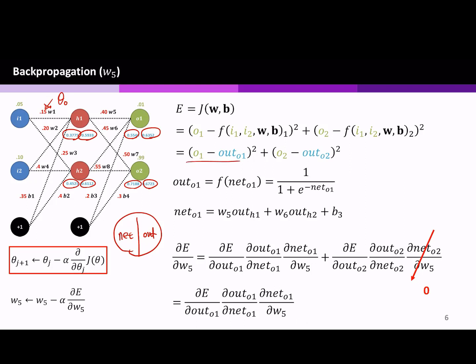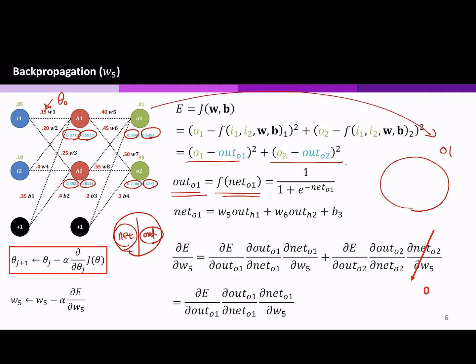Like this. Okay, and then the output of each neuron comes from applying the activation function to the net value, right? So here's the output neuron, here's net 1, and this is output 1. What about net 1 of the first output neuron?